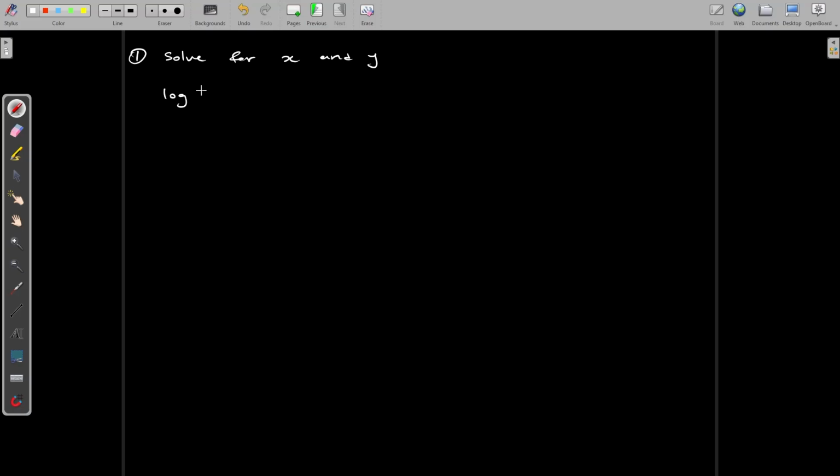Log base, well, we don't have any base, so you know what base that is. Log y is equal to log 16 and log x plus log y is equal to log 6.